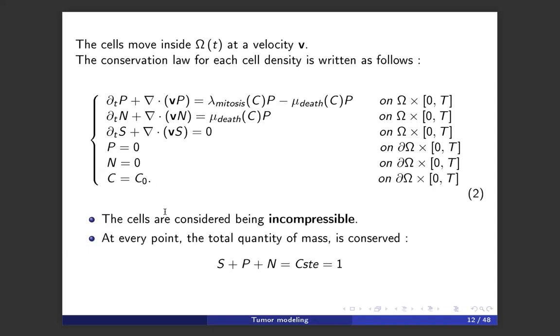The cells are considered incompressible, so we can suppose that at every point the total quantity of mass is conserved, the sum is constant, and we suppose that this constant equals 1.